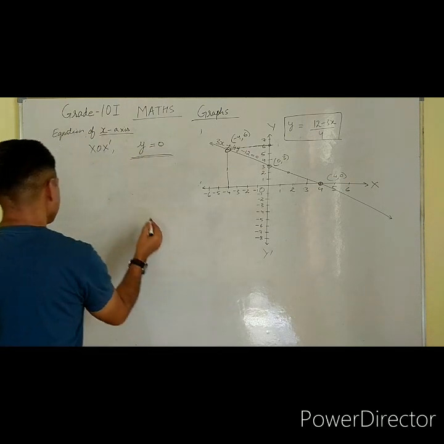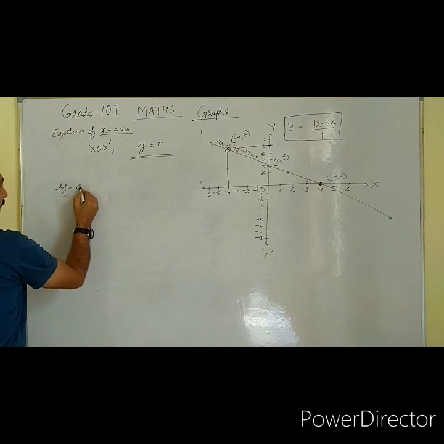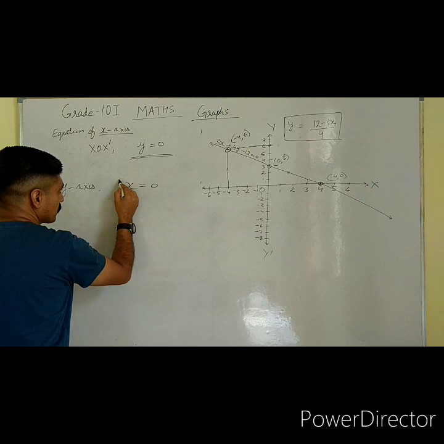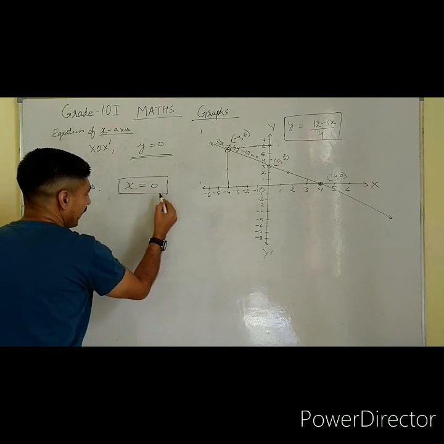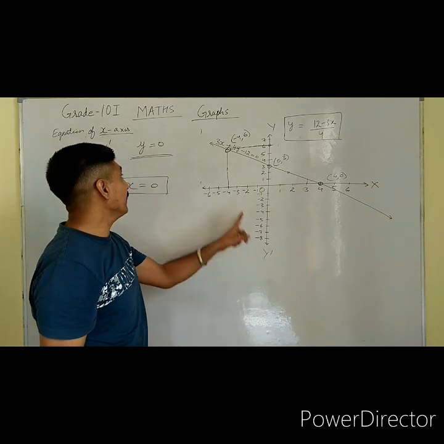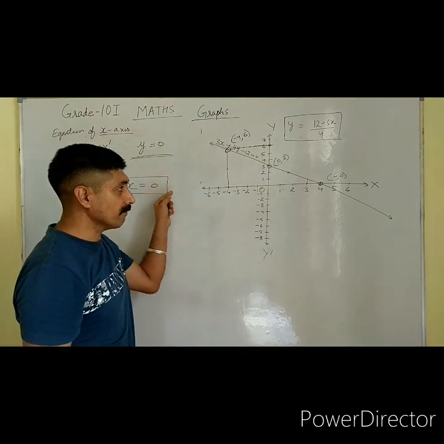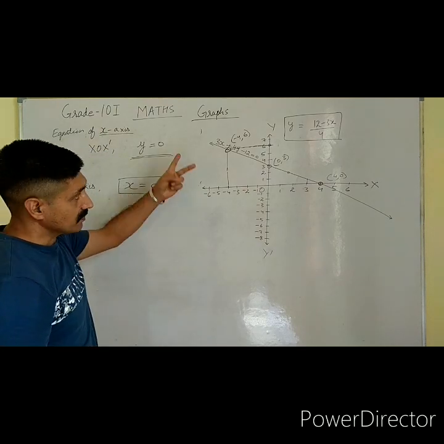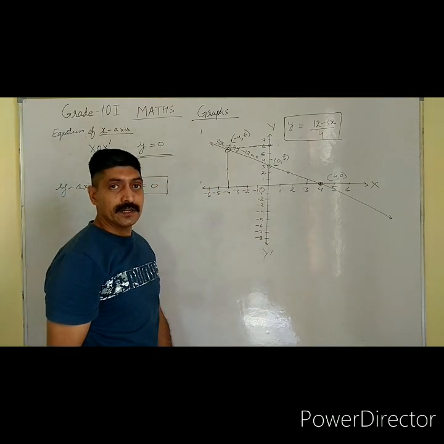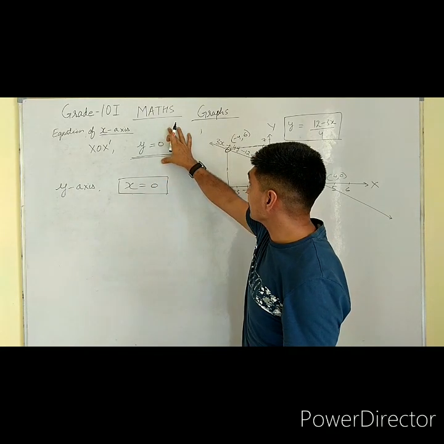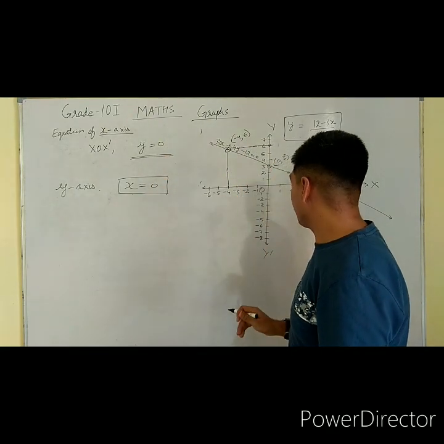Whereas the equation of y-axis is x is equal to 0. So please note down, x is equal to 0 is the equation of y-axis and y is equal to 0 is the equation of your x-axis. So it's just alternate. Now the line parallel to x-axis and the line parallel to y-axis.